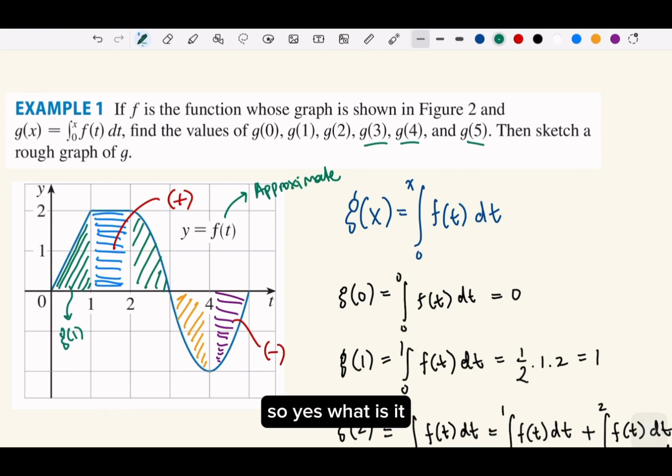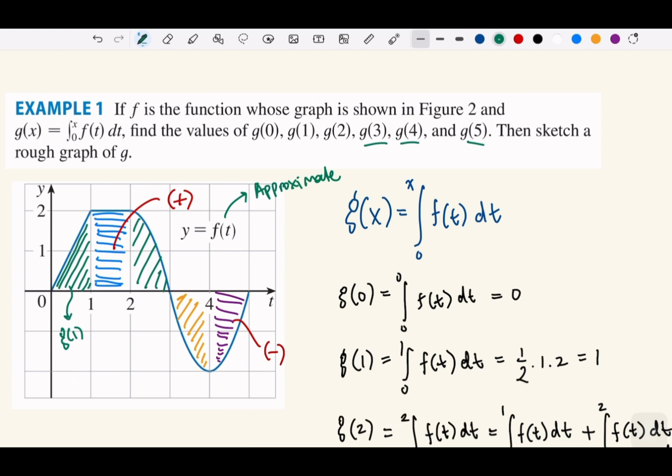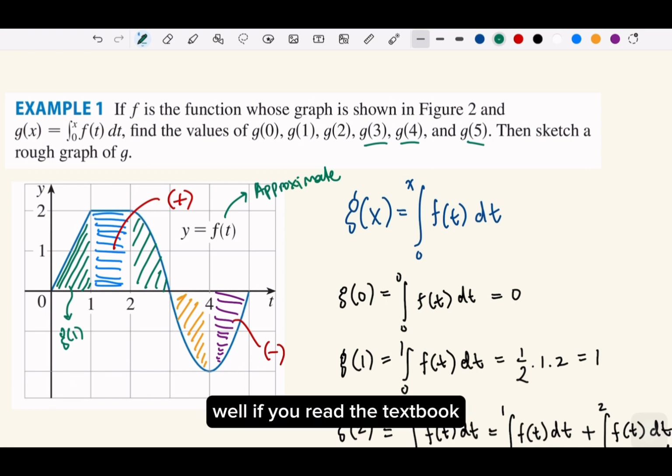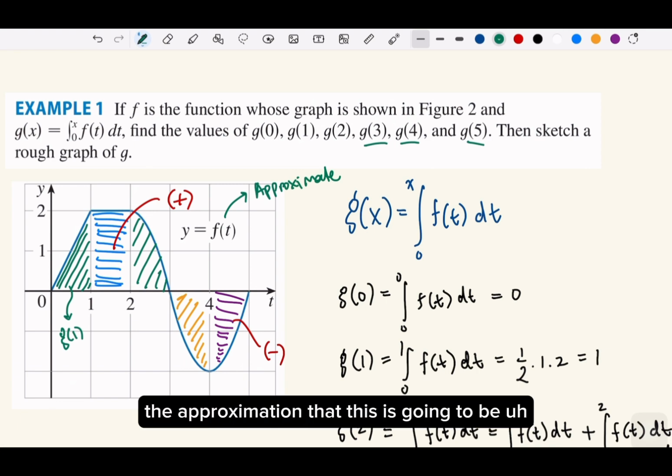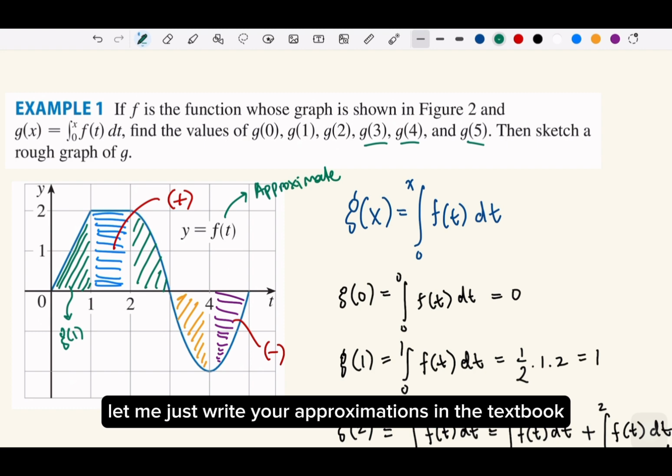So yeah. Of course, this is just to show you that the integration is actually the area of another curve. If you read the textbook, it just gives you the approximation. Let me just write the approximations in the textbook.